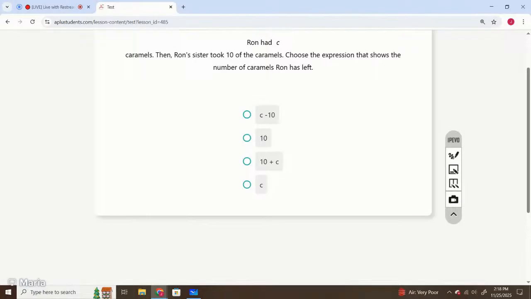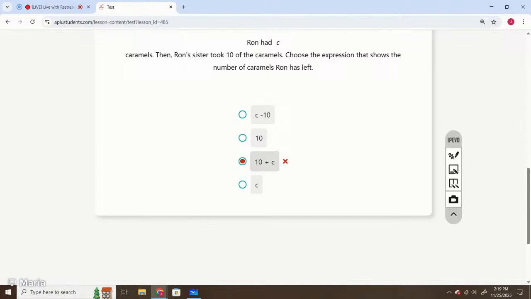Ron had c caramels. Then Ron's sister took 10 of the caramels. Choose the expression that shows the number of caramels Ron has left. Ten more, that would be 10 plus c. Oh, took 10 of the caramels, so it would be subtracted.